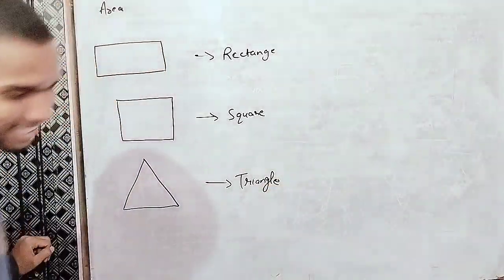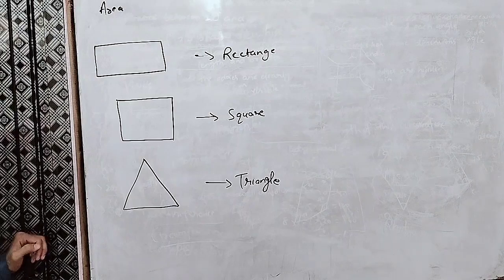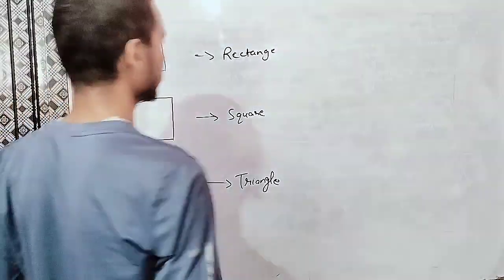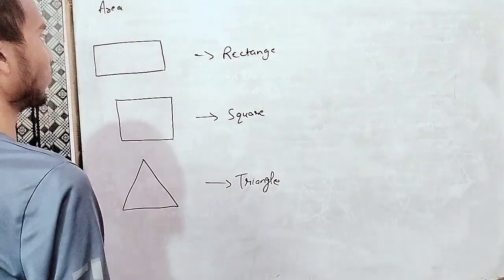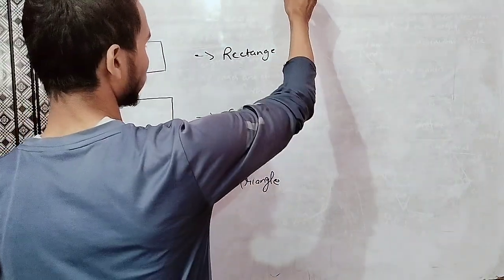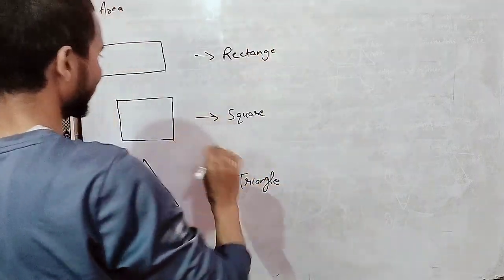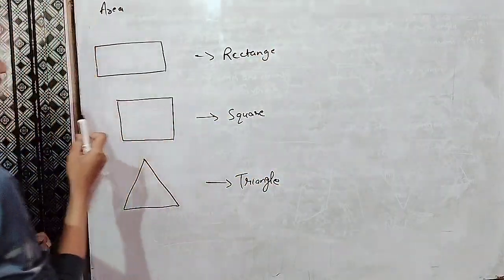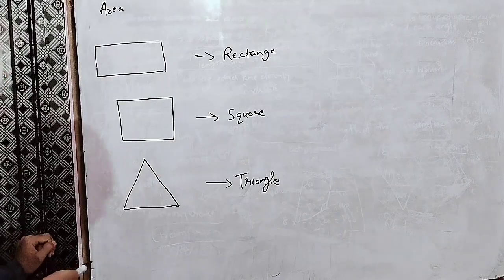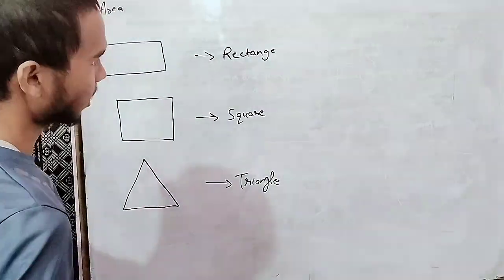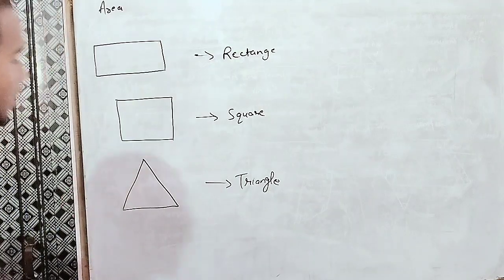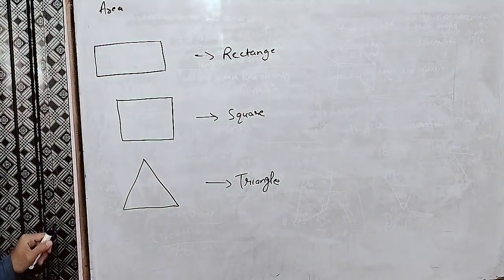This is a rectangle, this is a square, and this is a triangle. Our context is to understand the area of solid shapes. We took solid shapes which are rectangle, square, and triangle. Now let's find out the formula of these shapes.